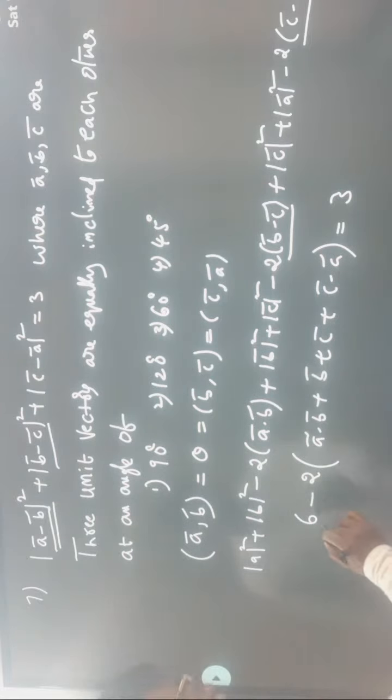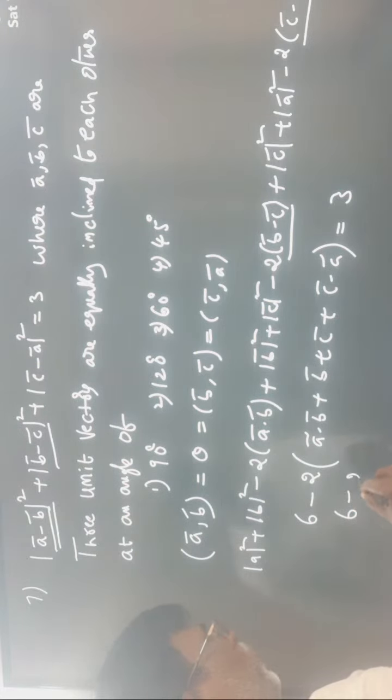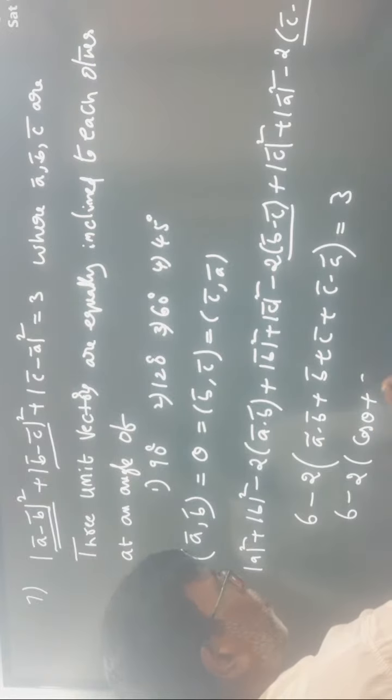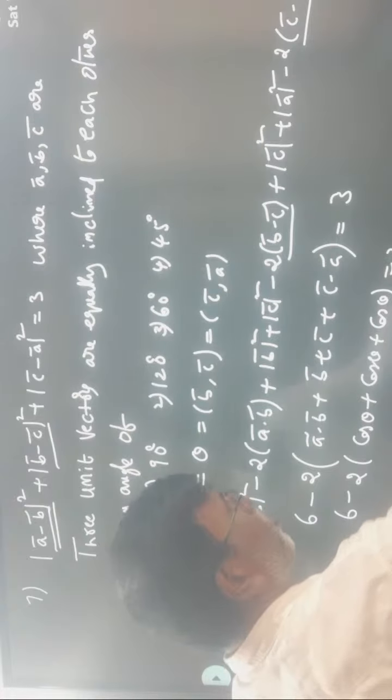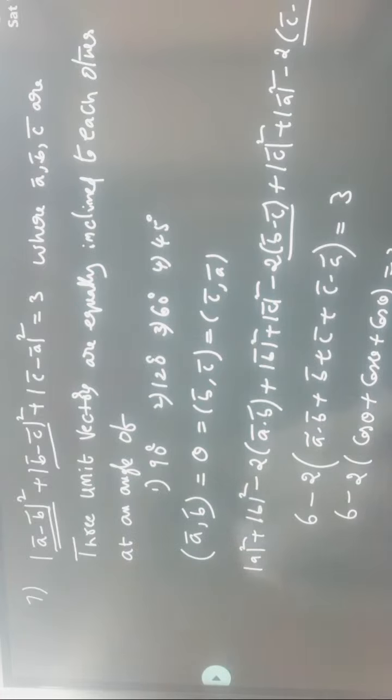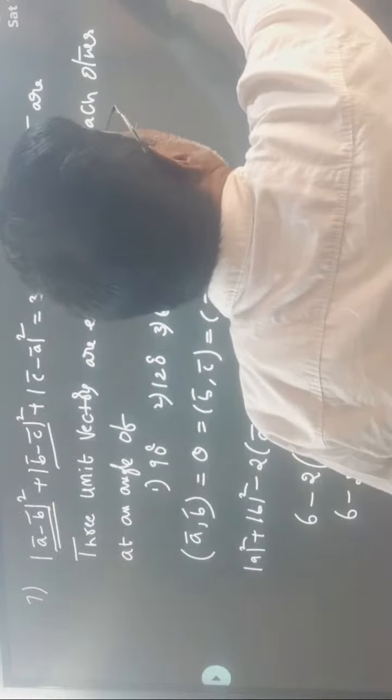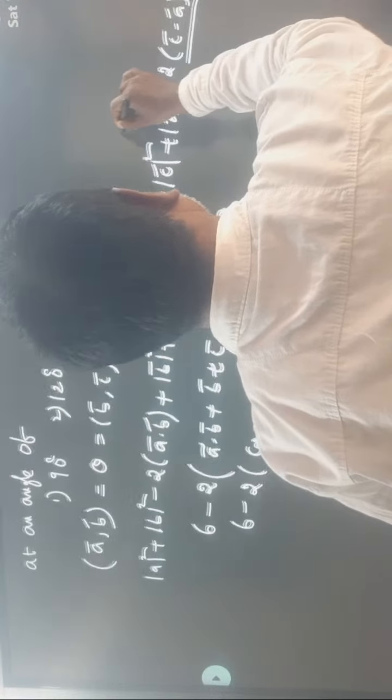Now here we have 6 minus 2 into mod a, mod b, that is 1 into 1 into cos theta, plus 1 into 1 into cos theta, plus cos theta, gives 3. We go for the simplification like this.